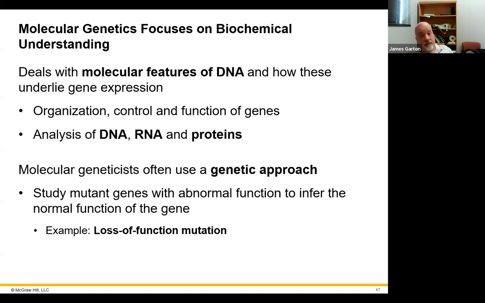But at the heart of it, molecular genetics really wants to study genes that are mutated. And there are two basic kinds of mutation: gain of function mutations and loss of function mutations. Loss of function means you have a mutation where the organism does not make a functional protein of some sort.